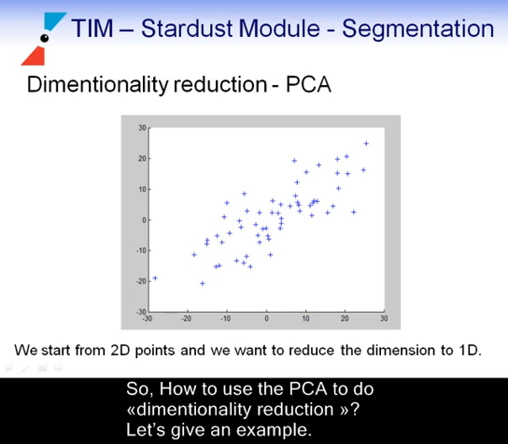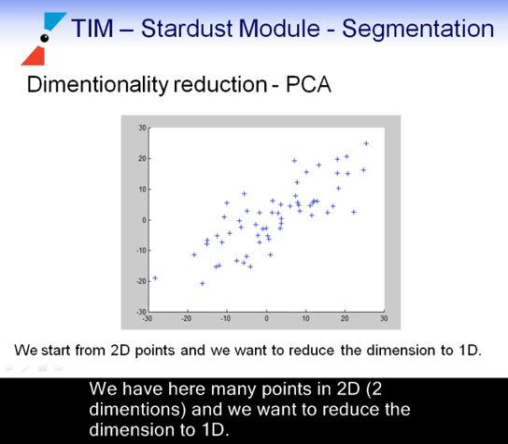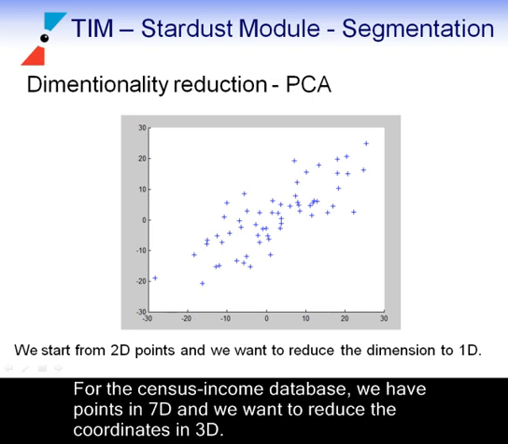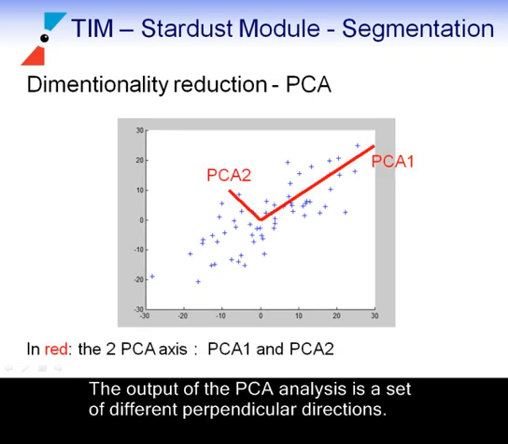So how to use the PCA to do dimensionality reduction? Let's give an example. We have here many points in 2D, 2 dimension, and we want to reduce the dimension to 1D. For the census income database, we have points in 7D and we want to reduce the coordinates in 3D. The output of the PCA analysis is a set of different perpendicular directions.